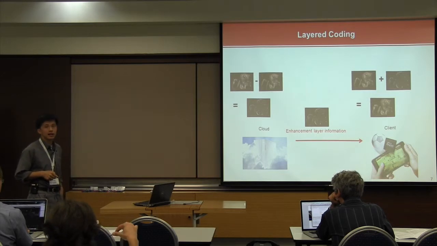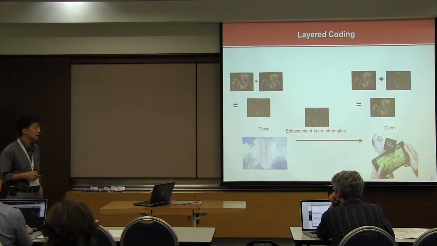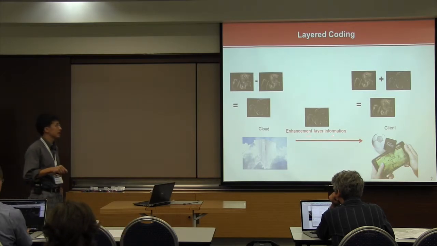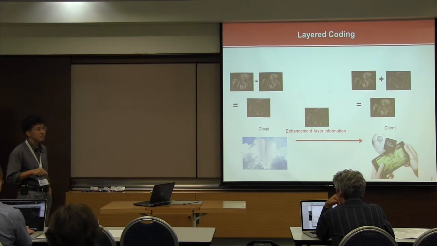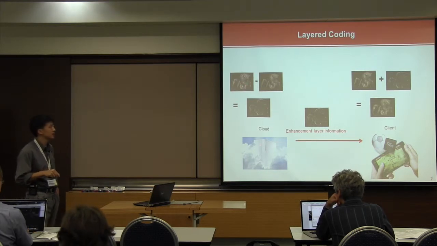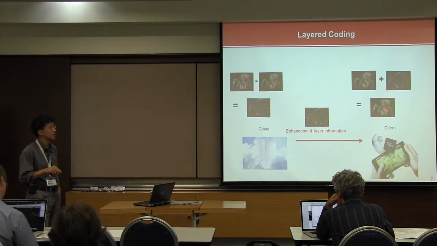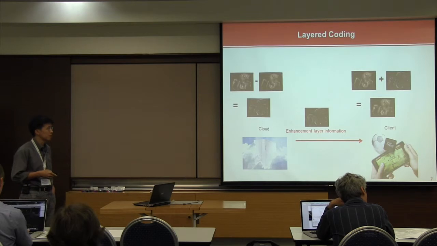And this is the basic idea of layer coding. And I will discuss how to generate this enhancement layer information in a moment. But if this enhancement layer information requires less bandwidth than the high-quality game image, then we can achieve bandwidth reduction, and at the same time, we can have high-quality game content on the client.